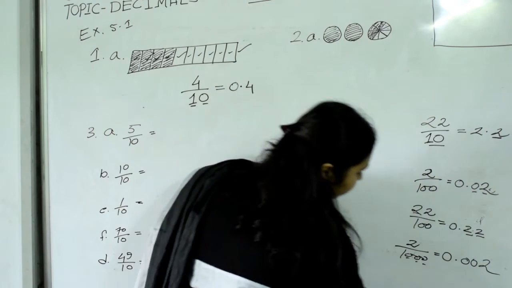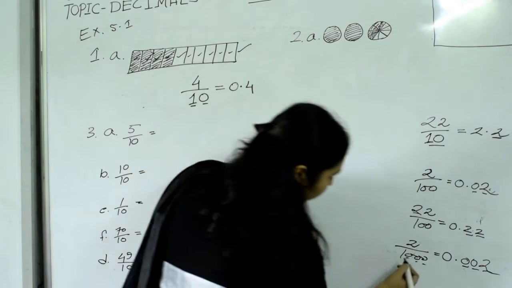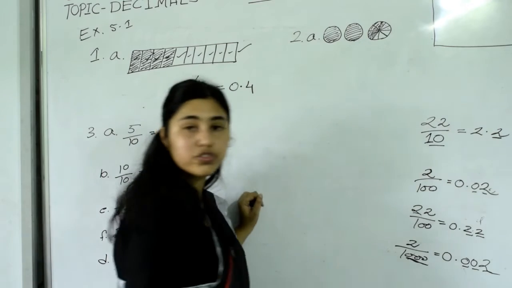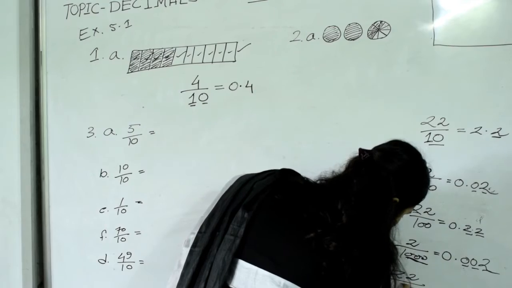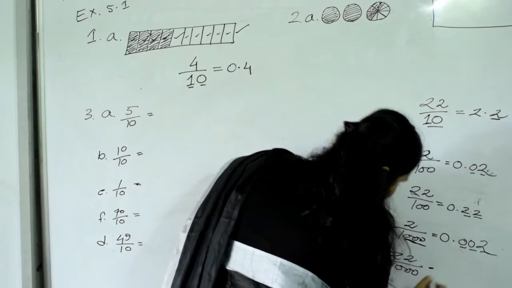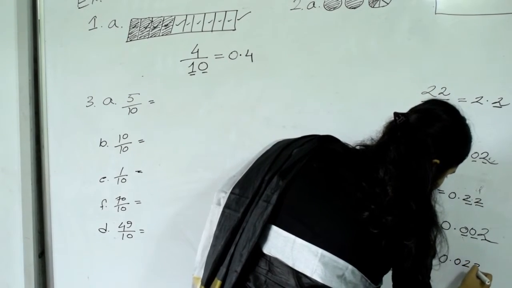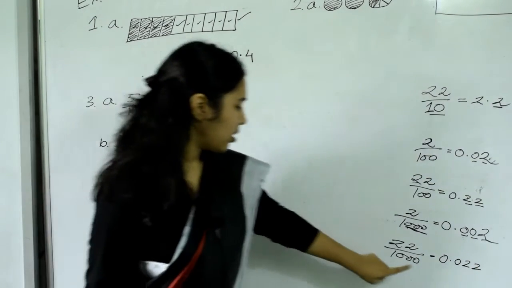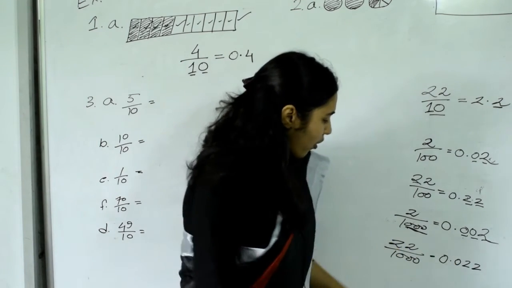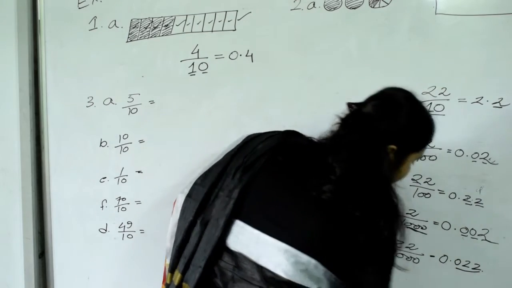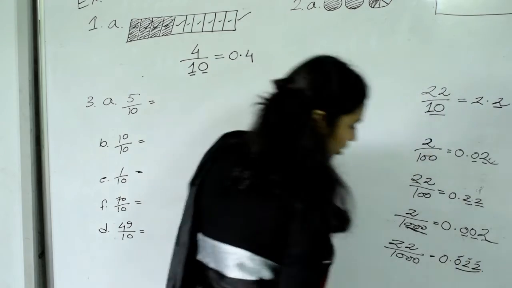The point is before 3 decimal places, because here in the denominator we have 3 zeros. Similarly, if we divide 22 by 1000, we will write 0.022. Again, here the decimal point is before 3 decimal places, 1, 2, 3.